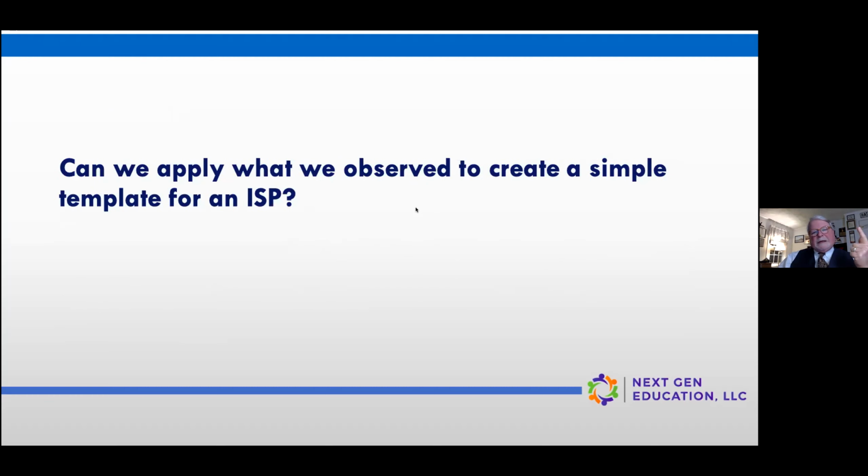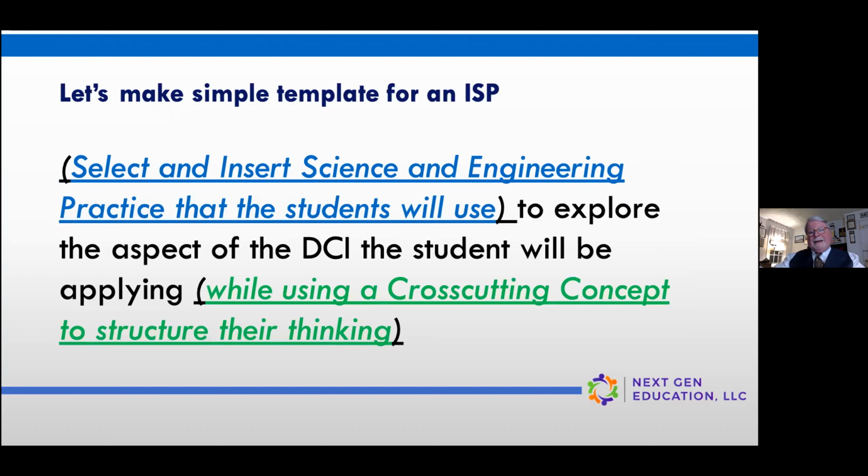So using those three individual performance expectations, whether you agree with them or not, can we apply that into a simple template? If you look at the function of that, this is basically what you saw. You start with a practice, and then you have something that's going to bring them into the core idea, but they're also going to be mentioning a cross-cutting concept to structure their thinking.